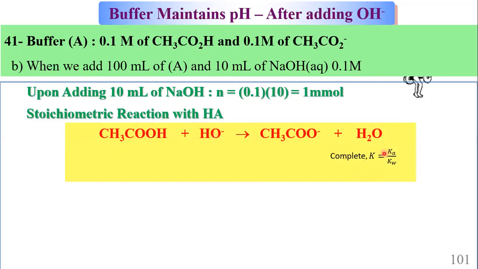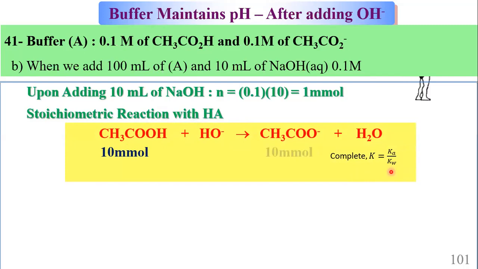Again, this now here, this is a complete reaction. Look, the K of this reaction happens to be Ka divided by Kw. If you go ahead and look at it, this is Ka divided by Kw, you get the K of this reaction. Okay, so it is complete.